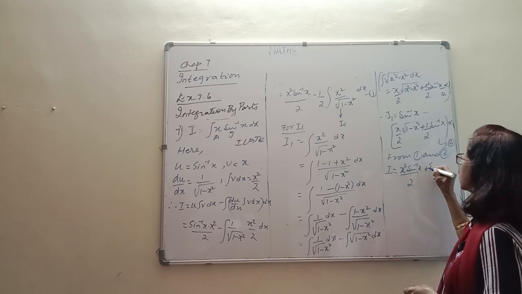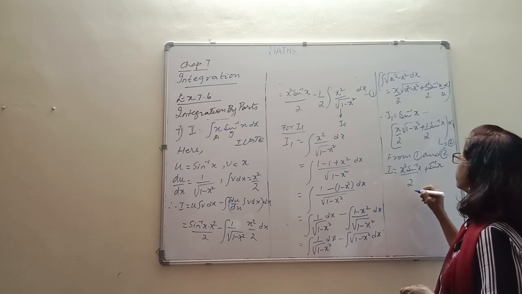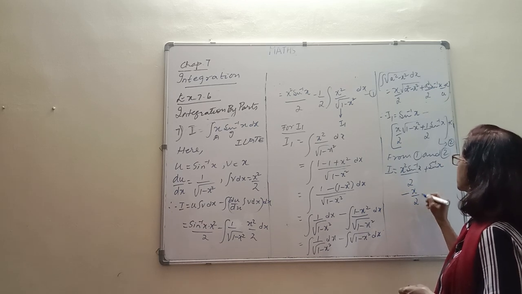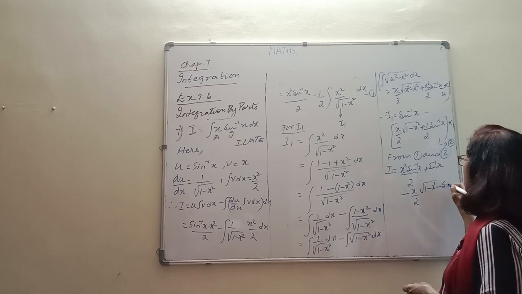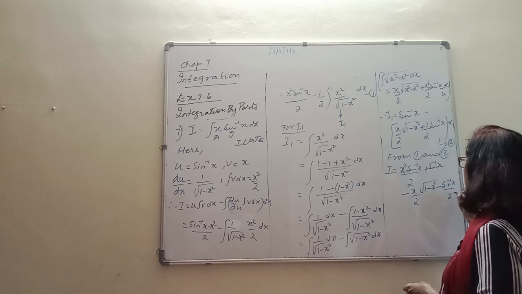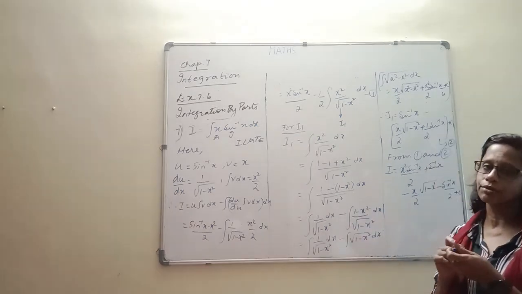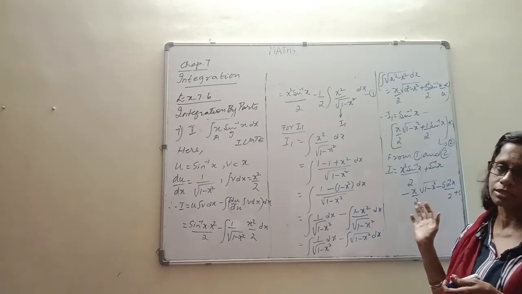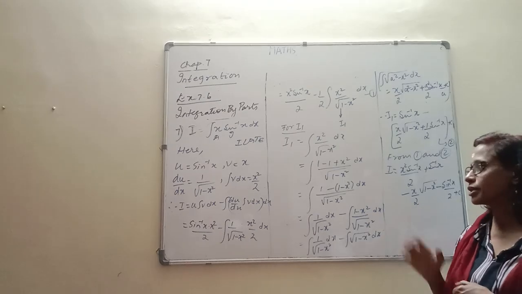I1 is first sine inverse x minus x over 2 root of 1 minus x squared minus sine inverse x over 2, plus c. Now these are the broad terms. I can bring the sine inverse x terms together, club them and further restructure the terms. That's for one's own convenience. However you want to rearrange, you can rearrange.